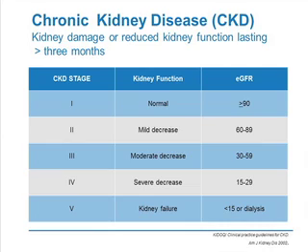Chronic kidney disease is defined as kidney damage or reduced kidney function that lasts about 3 months or longer. And this slide demonstrates how we stage kidney disease, and we stage it according to the magnitude of reduction in GFR. So normal GFRs are GFRs that are greater than 60 ml per minute.